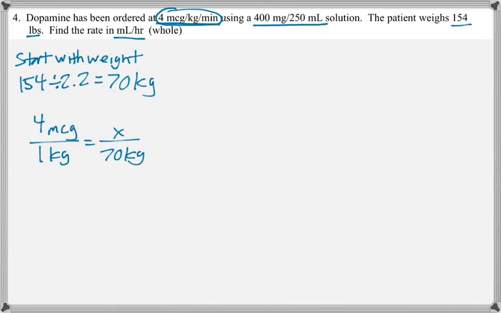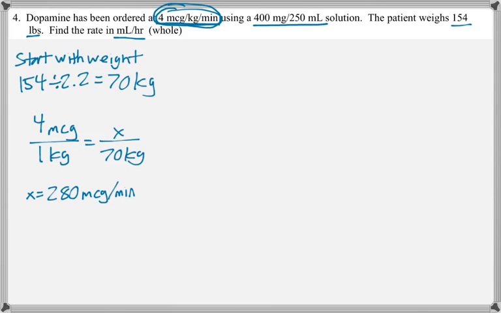And we get 280. So this will be 280 micrograms per minute. And we know it's per minute because this had the per minute with it.